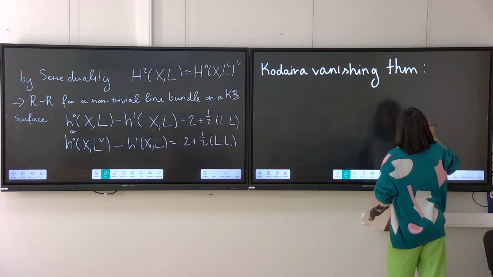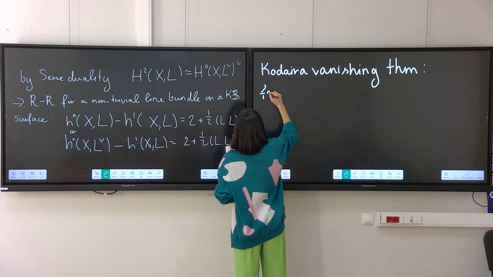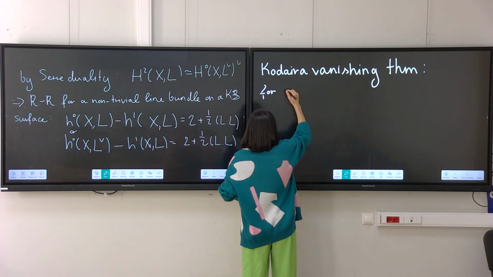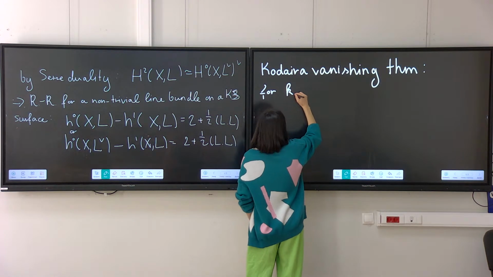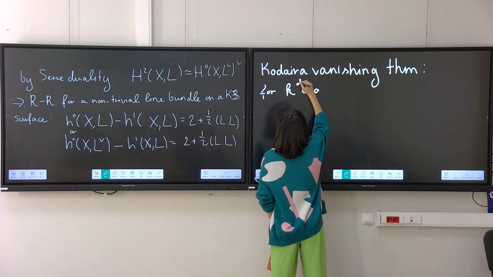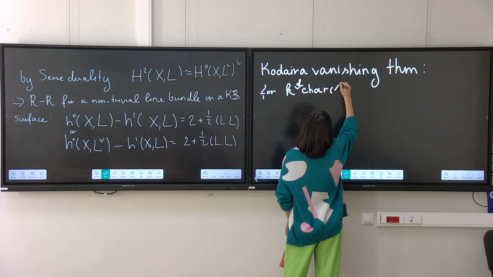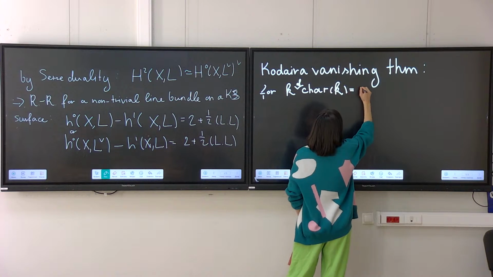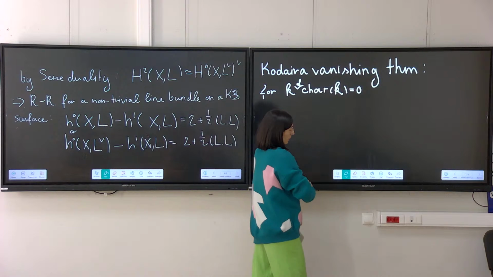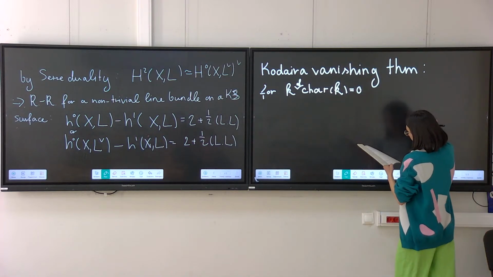So first, this statement holds just for a field of characteristic 0, and in fact in positive characteristic it fails. There are examples when it doesn't work.